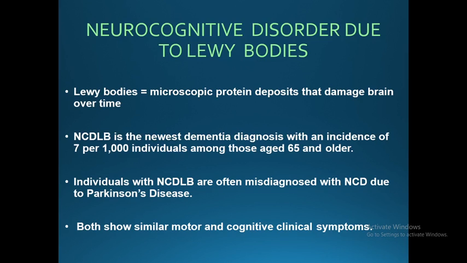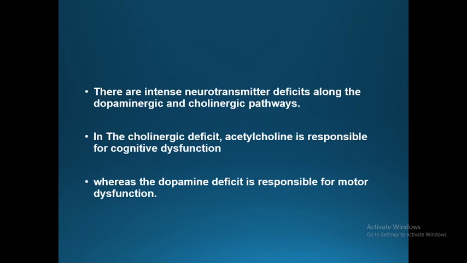So, as I mentioned before, all these things have similar signs and symptoms, they look alike. These are intense neurotransmitter deficits along the dopaminergic and cholinergic pathways. Now, what are the neurotransmitters? As you know, in our nervous system, at the end of the axon of a neuron, we have axonal bulbs, and the gap from this to the next neuron we call the synapse.